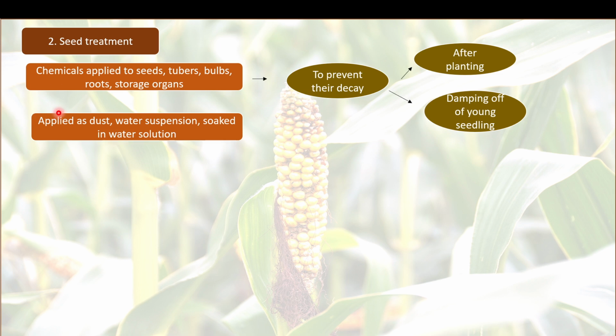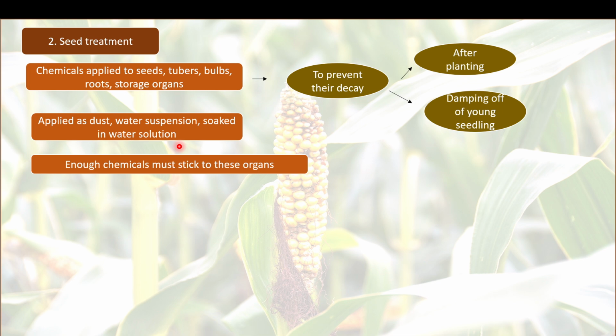So seed treatment can be applied either as dust, or as a water suspension, right? Or it could be applied as a water solution, that is, the seeds are soaked in a water solution. So enough chemicals must stick to these organs, right?